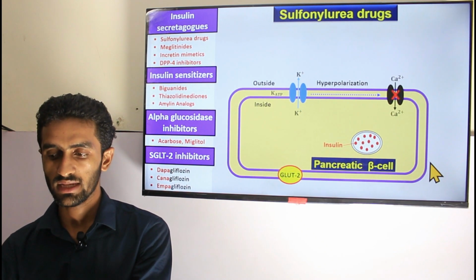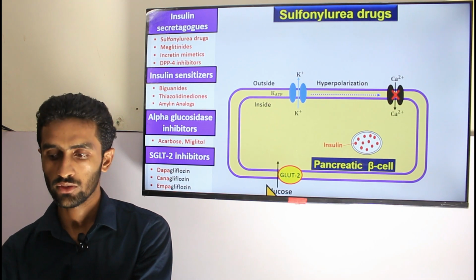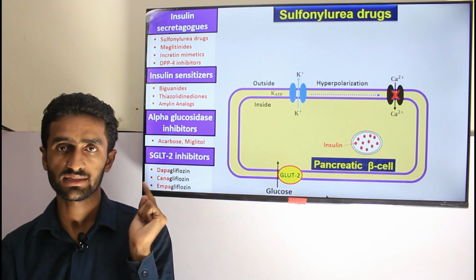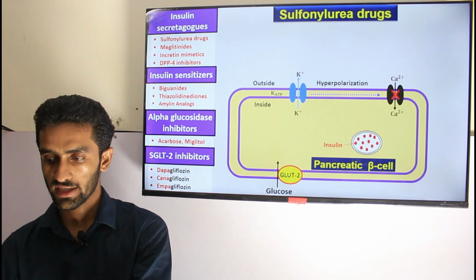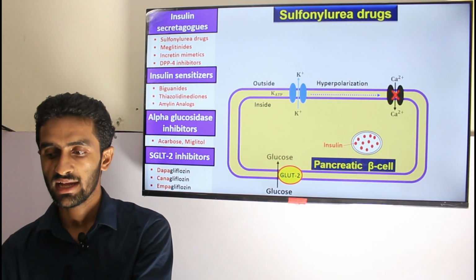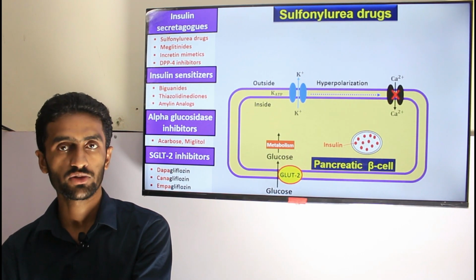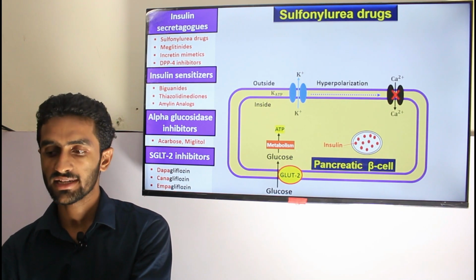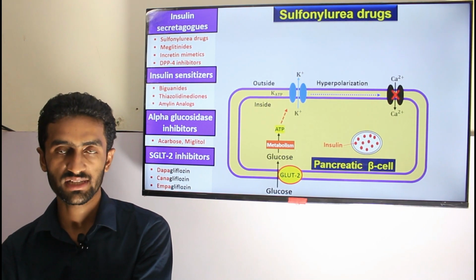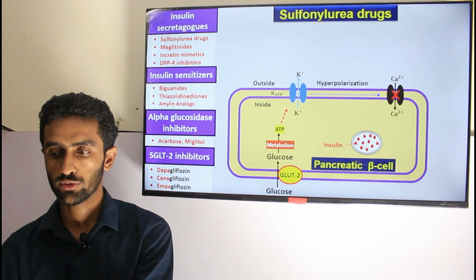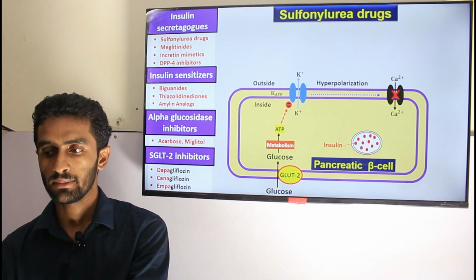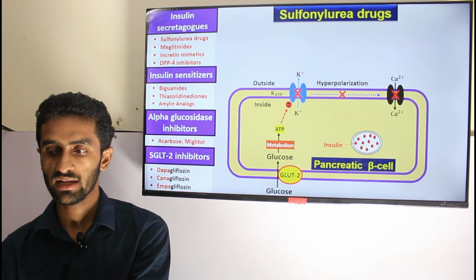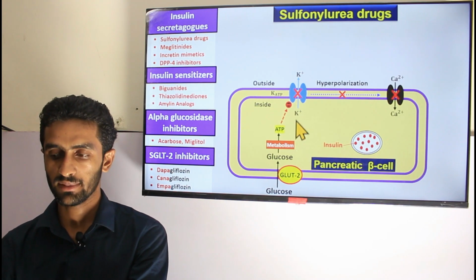When you take your meal, glucose enters via GLUT2, because you know that GLUT2 is present in the liver as well as in the pancreatic beta cell. Glucose enters the cell, and after metabolism it produces ATP. This ATP is inhibitory over the ATP-sensitive potassium channel. As it inhibits this, there will be no hyperpolarization, meaning potassium remains inside the cell.